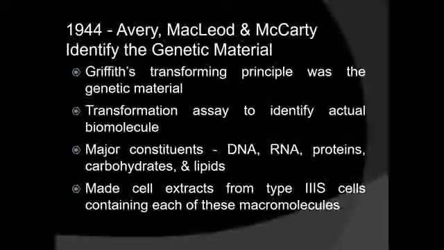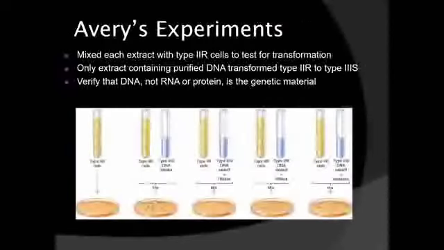So inside cells, as it was known, the major components are nucleic acids consisting of two major types, DNA and RNA, then proteins, carbohydrates, and lipids. He made cell extracts from the smooth virulent cells, and each of them, of course, contained all of these macromolecules.